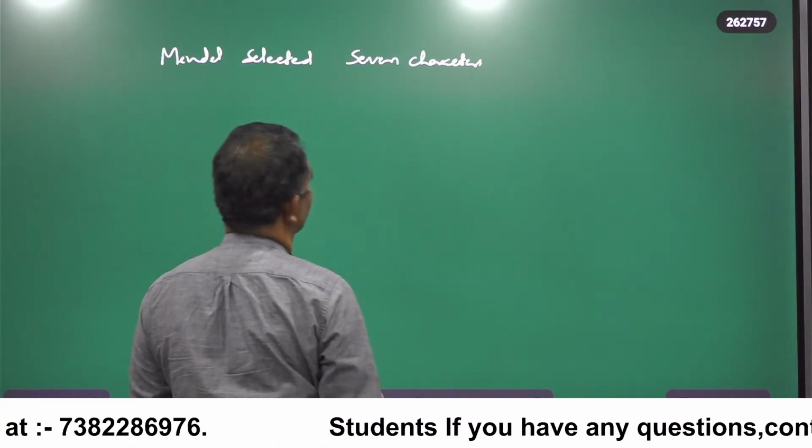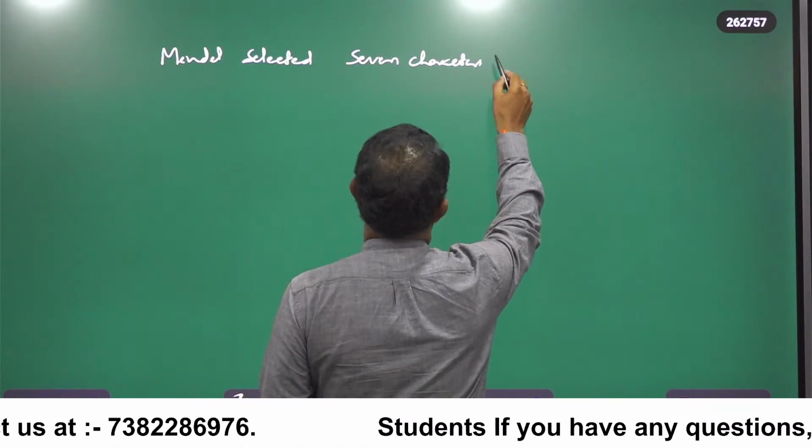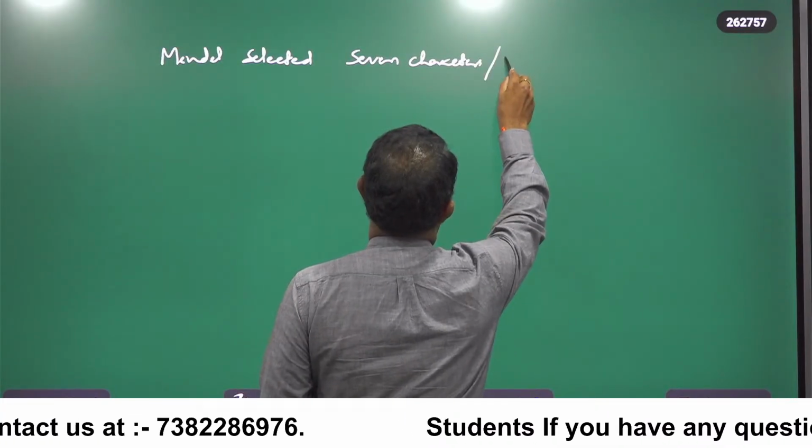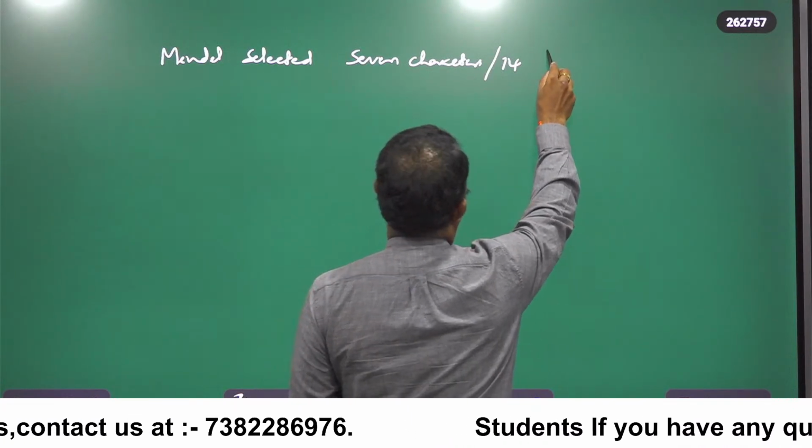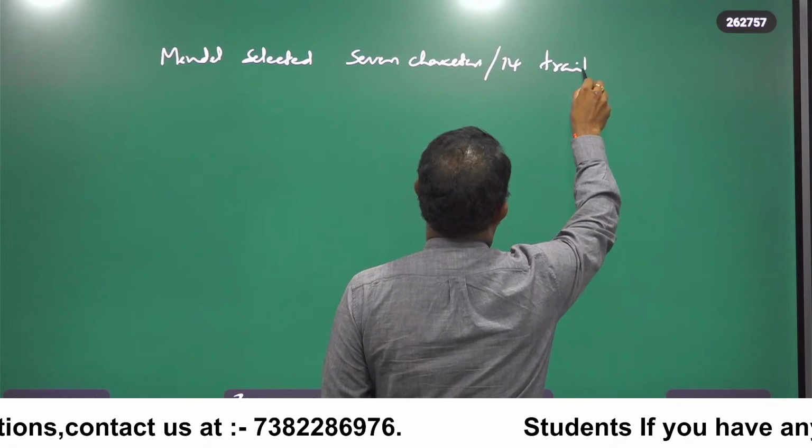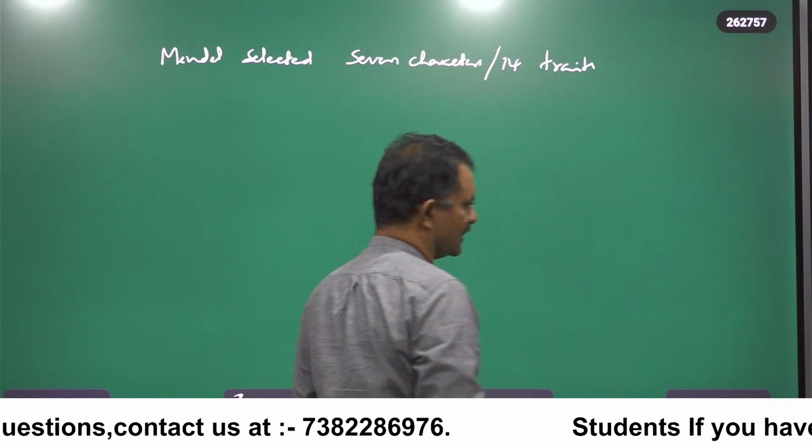Mendel selected 7 characters as well as 14 traits. Each character has 2 traits.